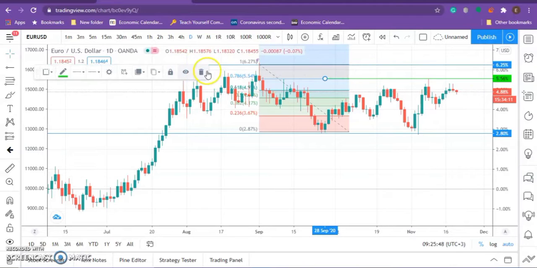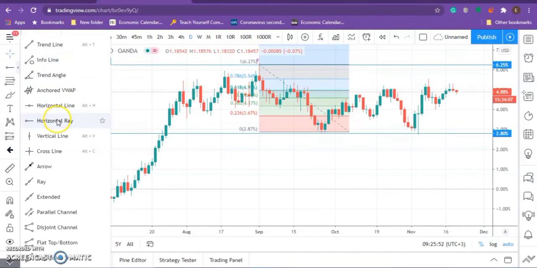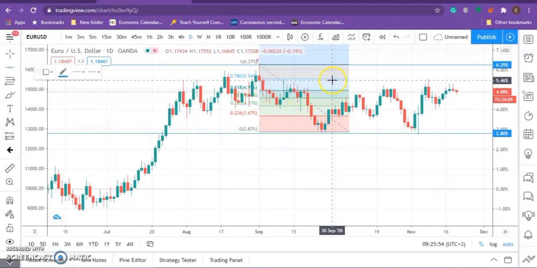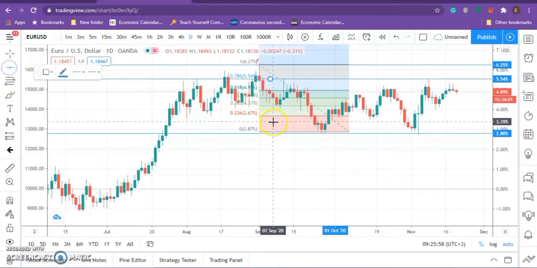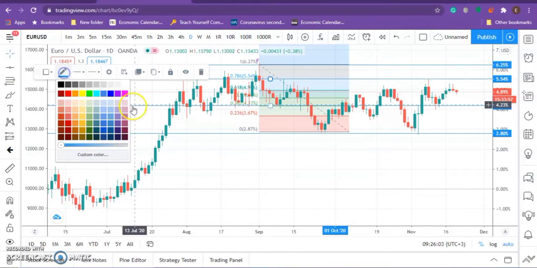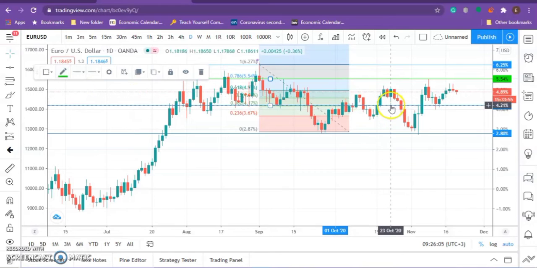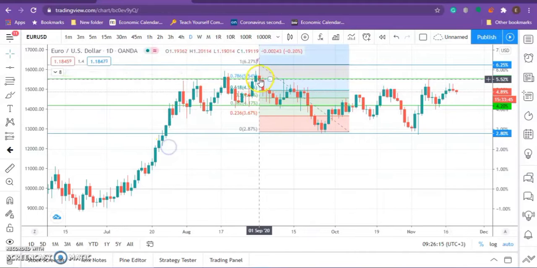I wanted full horizontal lines like this. Another one. Yes, so we change the color to green, and then this one to green. So the green levels here, from here to here, actually now shows us where to enter our trade.